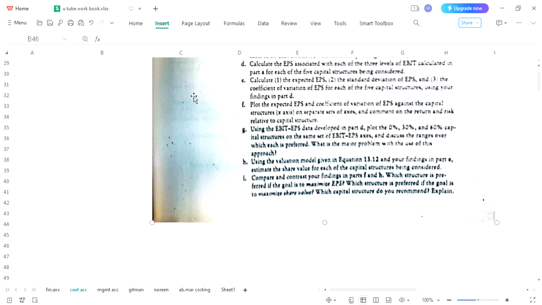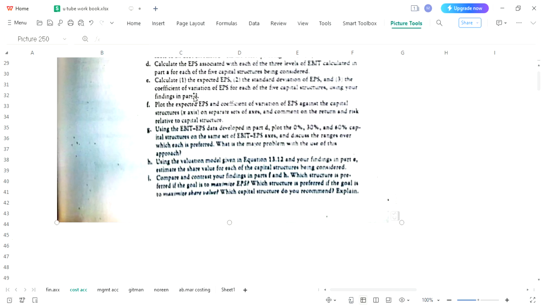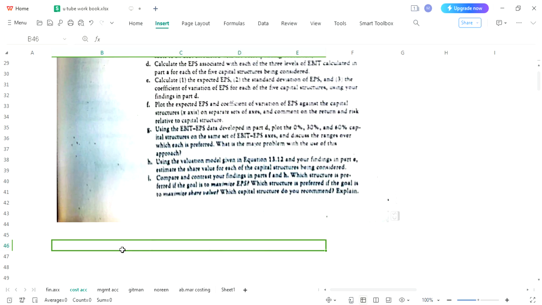Here we will be making our income statement. There are three options: first, second, and third.